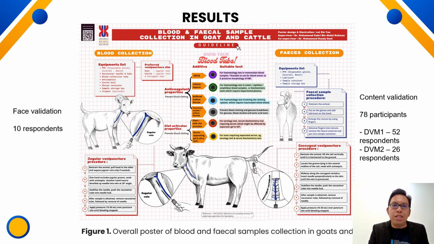From the phase validation of 10 respondents, 6 respondents had no comments on improving the design, while 4 respondents had recommendations on the punctuation, missing details, and presentation of information. For content validation, a total of 78 participants from Year 1 and Year 2 preclinical students participated in the questionnaire, of which 52 respondents were DVM1 and 26 respondents were DVM2 students.